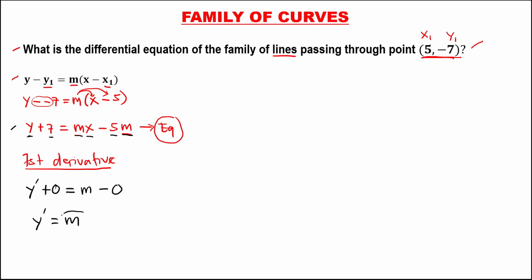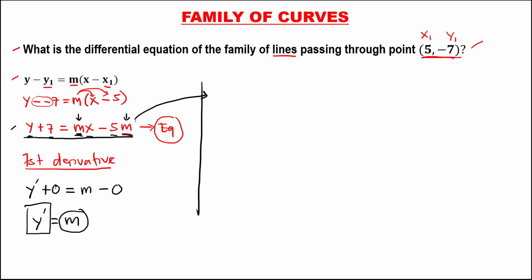Then to eliminate this arbitrary constant, we need to substitute this y prime from this equation. So therefore, this m becomes y prime.